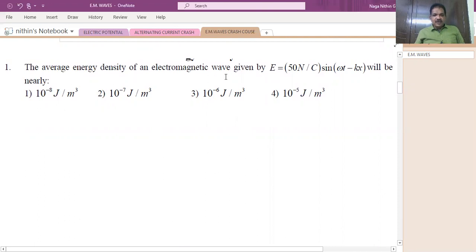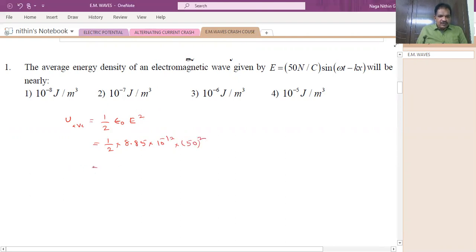The average energy density of an electromagnetic wave, E is equal to E naught sin(omega t minus kx), where E naught is 50. The average energy density formula will be U average is equal to 1 by 2 epsilon naught E square. That is 1 by 2 into 8.85 into 10 power minus 12, into 50 whole square.